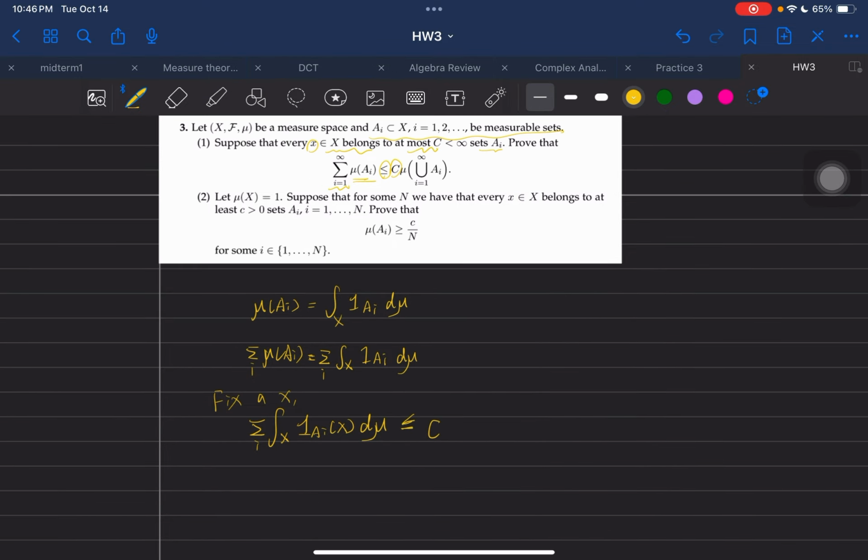So here we can notice how that would help us get the inequality.